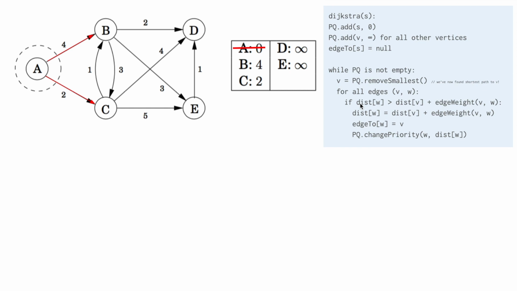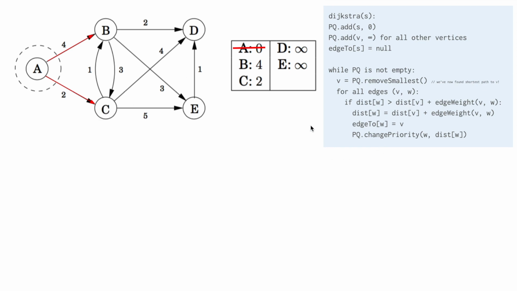And I see the distance to B is infinity, but the distance of A plus the edge weight from A to B is 0 plus 4. So 4 is less than infinity, so I'm going to update the distance to B to equal 4. And then I'm going to update edge to B to equal A. So we got to B from A. And then I'm going to change its priority. So all that work I'm just encapsulating here is updating B's distance to be 4. And then it's the same logic with C. I update C's distance to be 2.